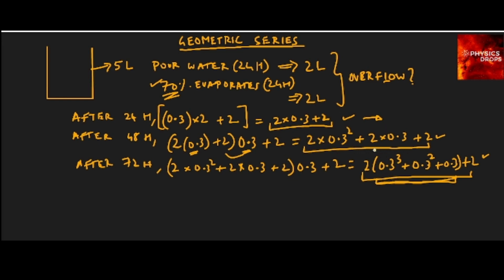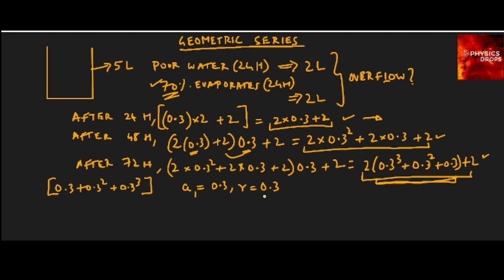Now if you look at that alone, 0.3 plus 0.3 square plus 0.3 cube and so on, as the days progress, it will become 0.3 to the power n. This is clearly a geometric series with the first term, let's say a or a1, equal to 0.3, and the common ratio 0.3.